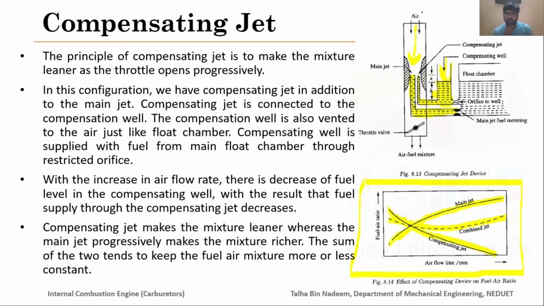However, the amount of fuel from the combined jets would more or less remain constant. So ultimately it will provide a constant fuel air mixture for different throttle valve openings.